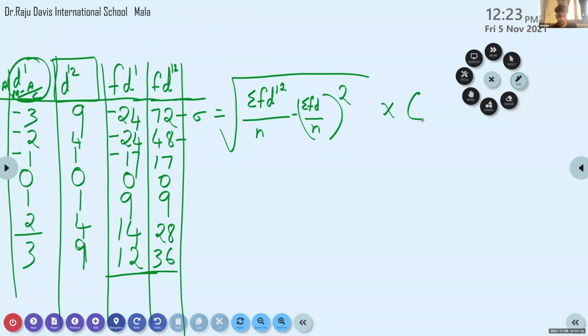Okay, now apply sigma FD dash, sigma FD, all these things you know, in the formula.